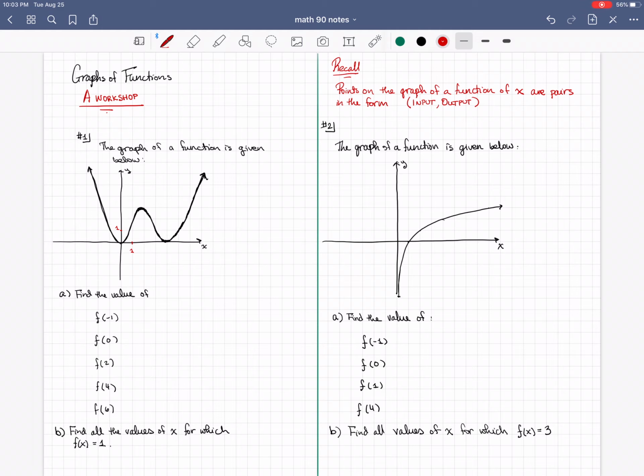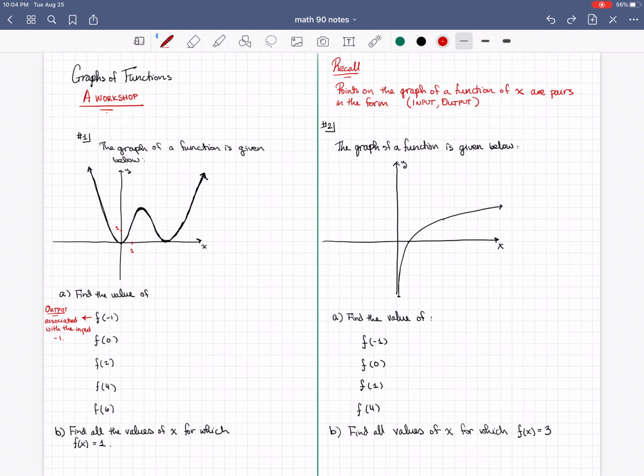So remember, f of negative 1 is the output associated with, or corresponding to, the input negative 1.